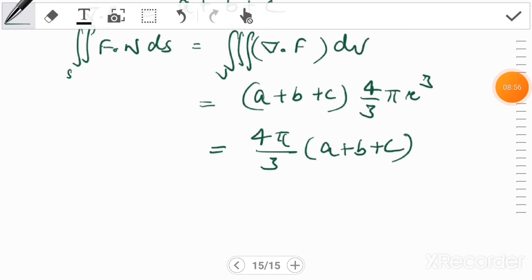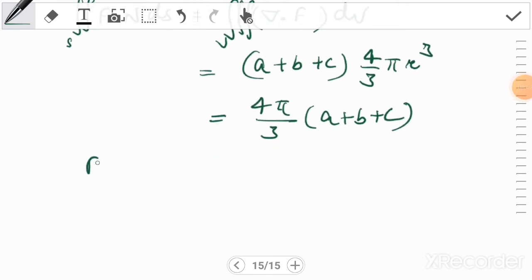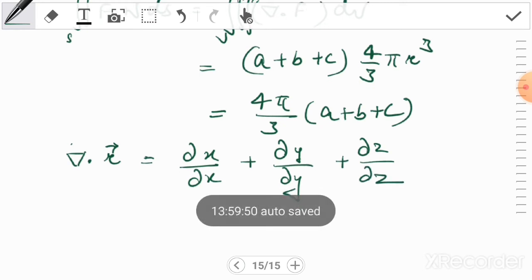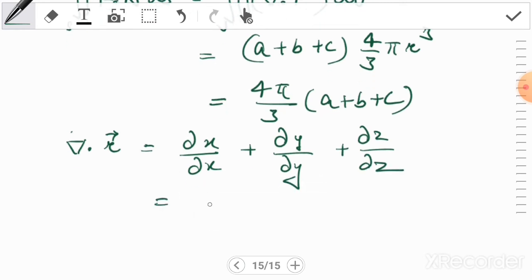Okay, if F is a position vector r, then del dot r is equal to del x by del x plus del y by del y plus del z by del z, which is 1 plus 1 plus 1, so 3.